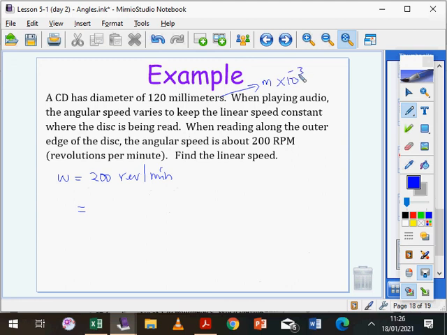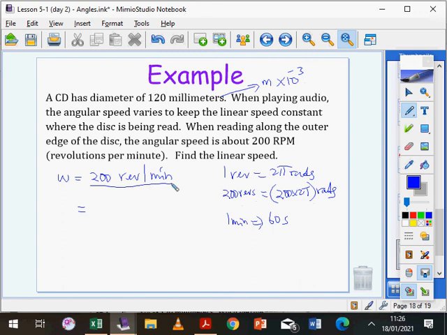Remember, 1 revolution is equal to 2 pi radians, right? Hope you remember that. So that means that 200 revolutions will be 200 times 2 pi radians. What else do I know? I know that 1 minute is equal to 60 seconds. So I'm going to substitute those conversions into what I was given here.